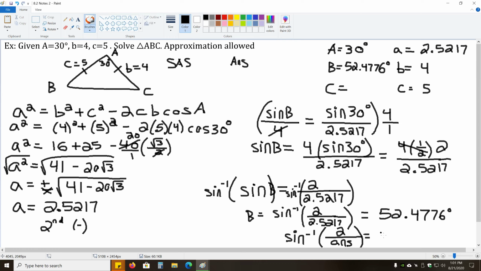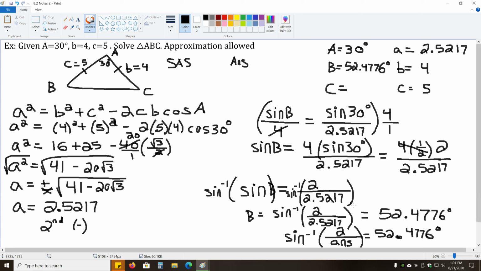And in fact, it's very odd that it happens this way, but in this problem, the exact answer, or again, the exact approximation, is actually 52.4776 degrees. So in this problem, it actually ends up being the same thing no matter which one you use.